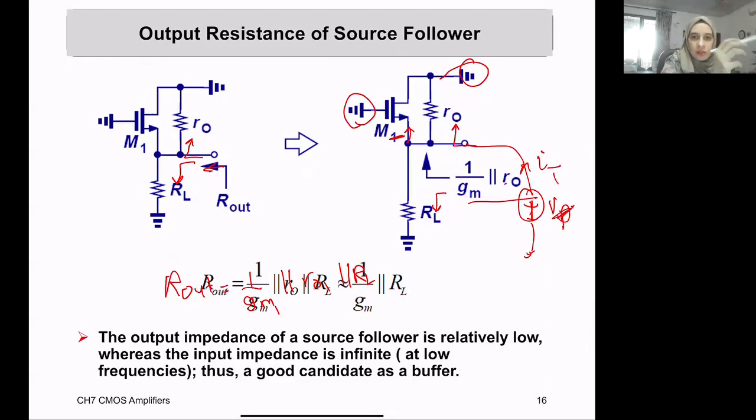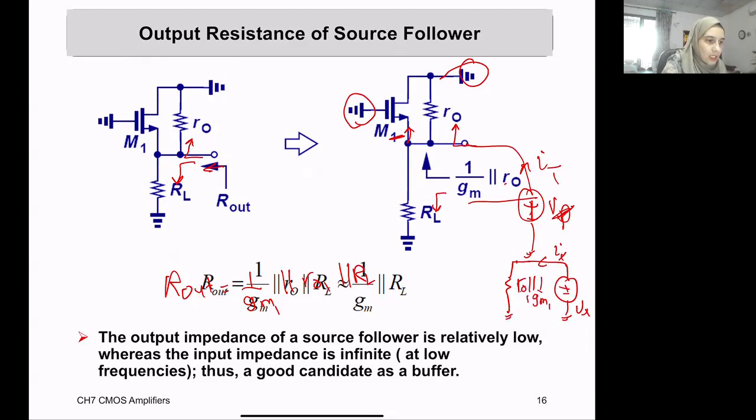Those two resistors are in parallel with each other, and therefore the current will go like this. Vx, one time I call it X, one time I call it test, whichever name you like. So this is r_out1 in parallel with 1 over gm1, and there is RL here.